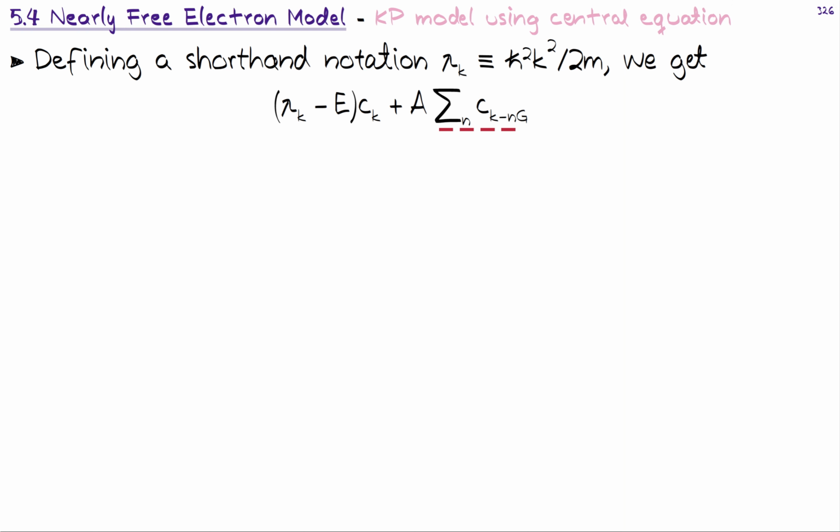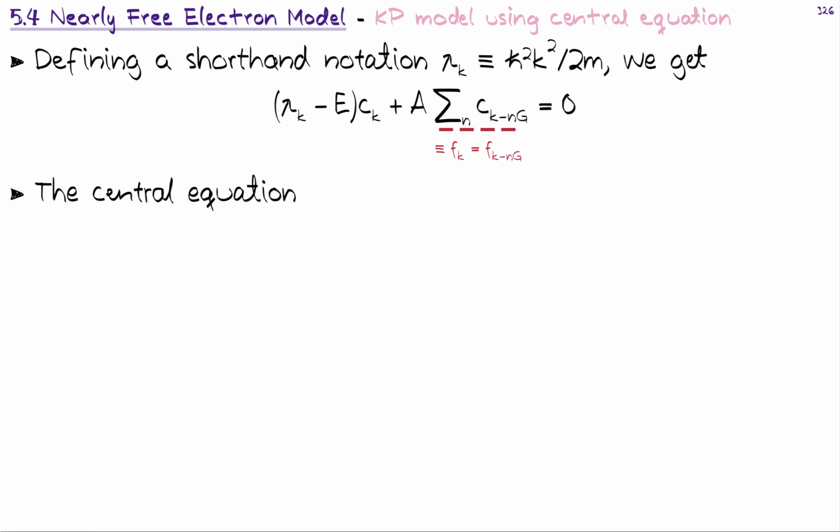We can also denote this summation with a shorthand, f_k, which equals the sum over n of c at k minus nG, and this equals 0. This is already a lot simpler form of the central equation, and it looks like a solvable equation.